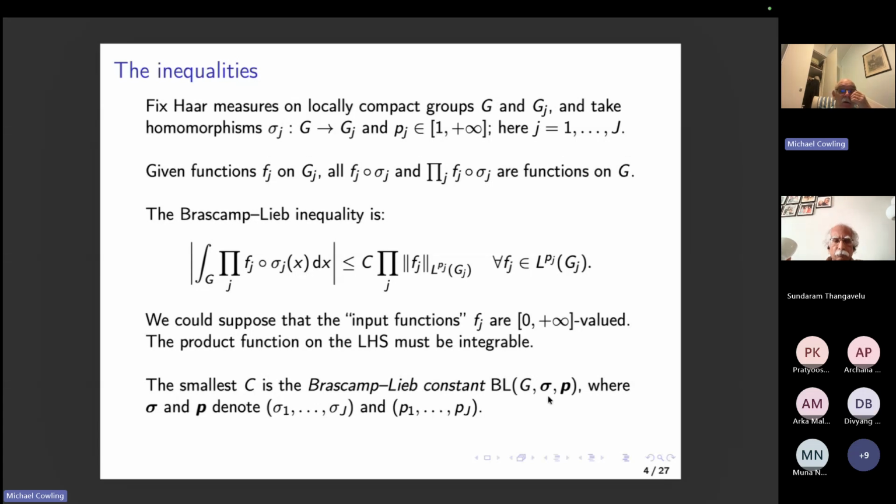But let's not worry so much about the Gj's, but a little bit more about the G. So this is an inequality that can be stated in quite general terms, in terms of locally compact groups, homomorphisms, and so on.